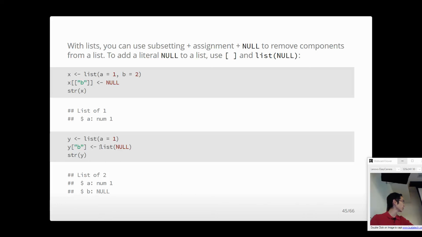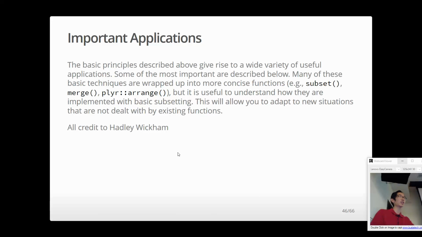But if you use list(NULL), it preserves the list's existence, but it puts the NULL inside there. So these are kind of finer points of all of this stuff that, if you're running into problems in your programming, it'll be good to look back on.